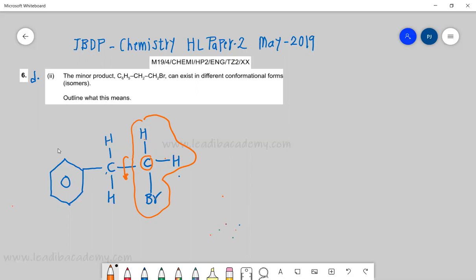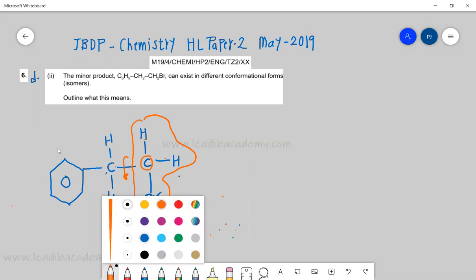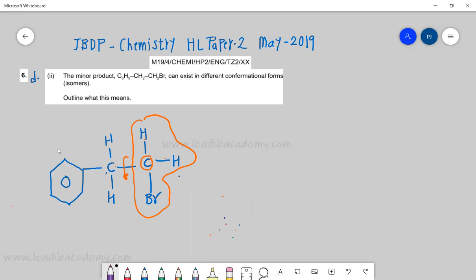Just visualize that it is getting rotated about this carbon-carbon bond. Let me show which one we are referring to.